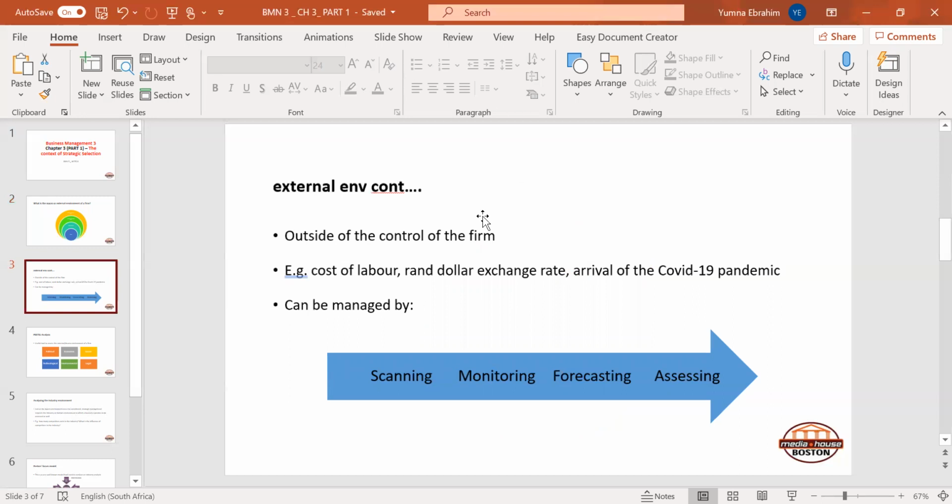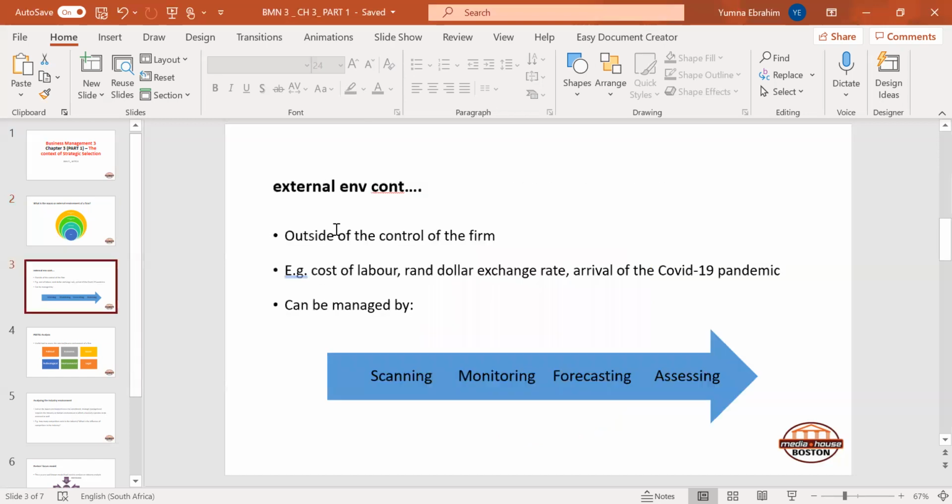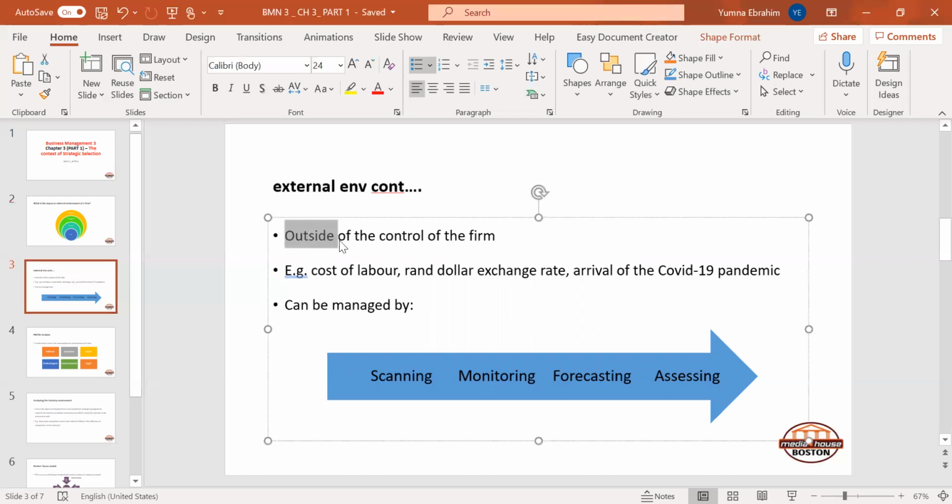It is outside the control of the firm. For today, we are focusing on this yellow area, and then we're going to focus on the green one next. And then in a subsequent lecture, we will focus on the internal environment as well. So the external environment is outside the control of the firm. The firm doesn't have control over it.